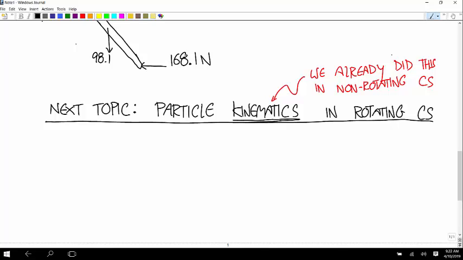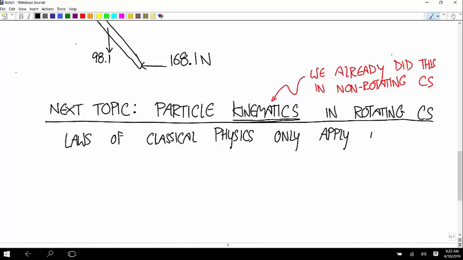So first of all, the laws of classical physics only apply in inertial coordinate systems.